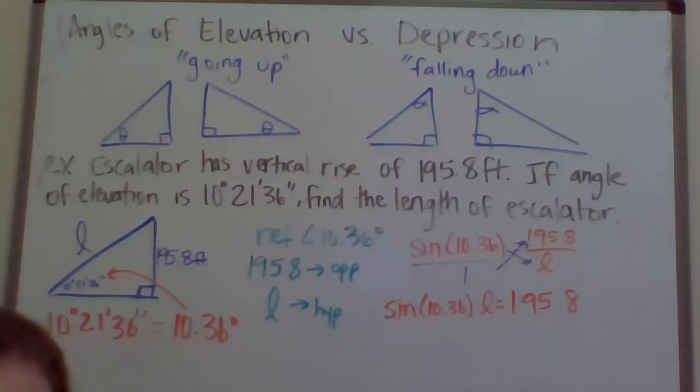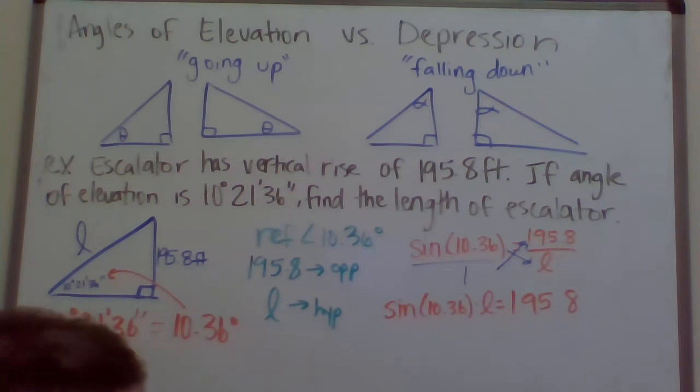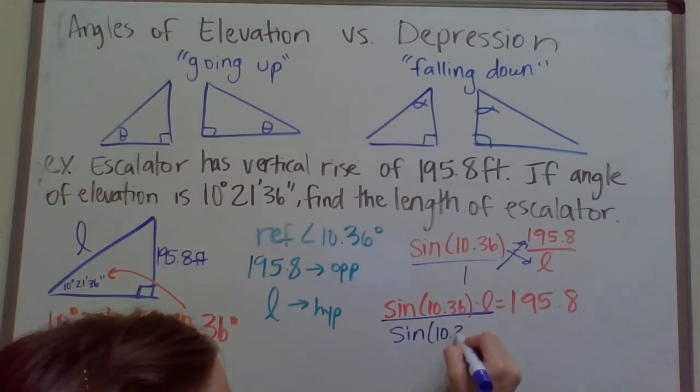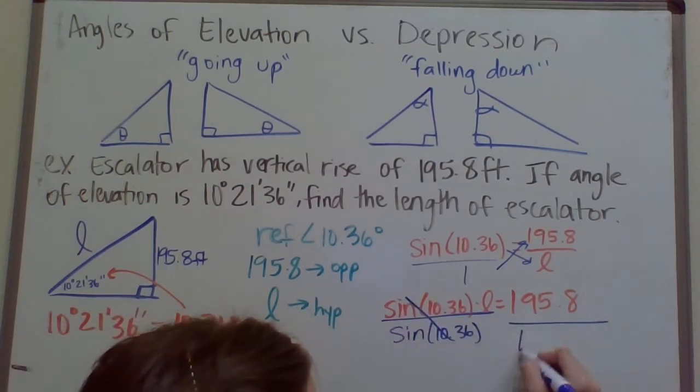And then to isolate L, right now it's being multiplied by the sine of 10.36. So we want to go ahead and divide both sides by the sine of 10.36.